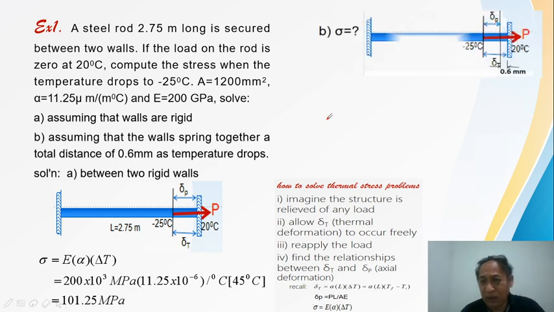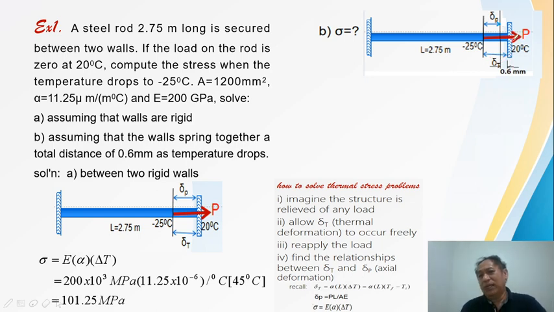So this is the figure for B. If it yields by 0.6, okay, originally this is your support location, and this is now the final location. It yields because of the decrease in temperature. So the body is imaginarily shortened by this much, and this is the thermal deformation.